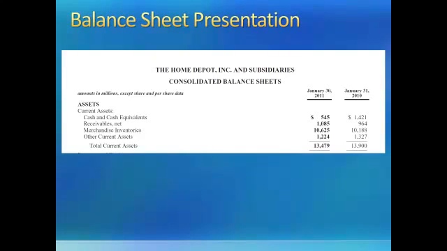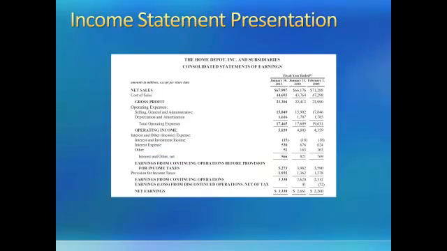Here we have Home Depot's consolidated balance sheet, and as we see, the first item listed on the balance sheet is cash and cash equivalents. Next, we have Home Depot's income statement listed. Take a few seconds and see if you can find the cash and cash equivalent on the income statement.